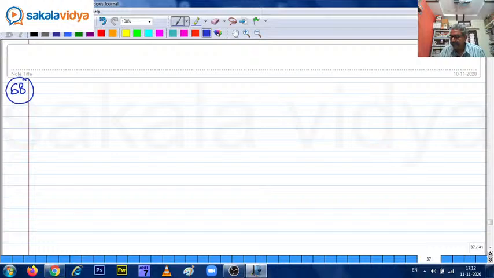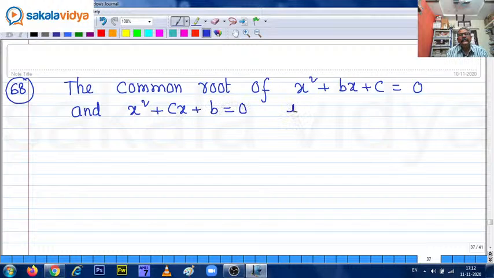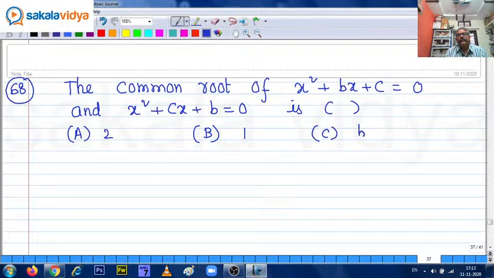Sixty-eight. The common root of x square plus bx plus c equals to 0 and x square plus cx plus b equals to 0 is: option A, 2; option B, 1; option C, b; option D, c.